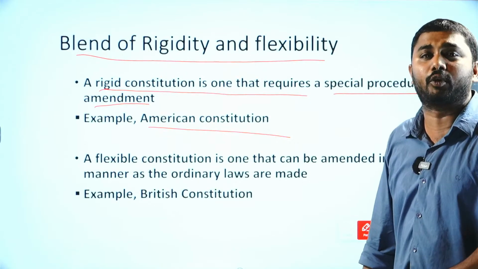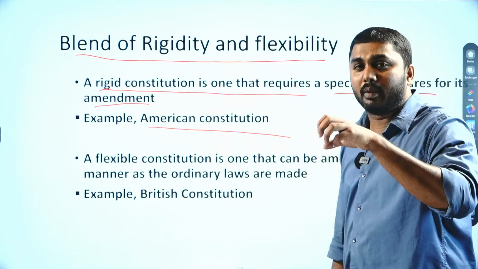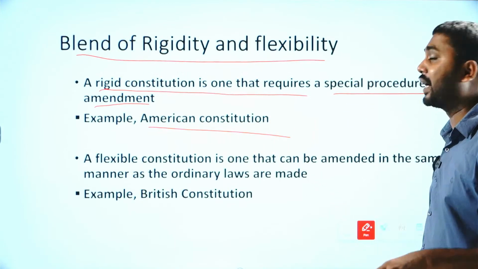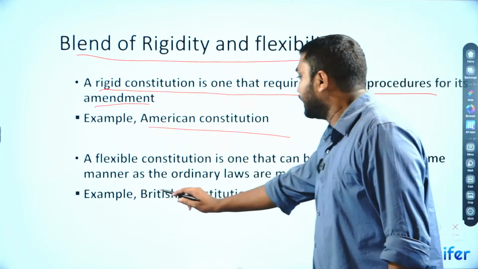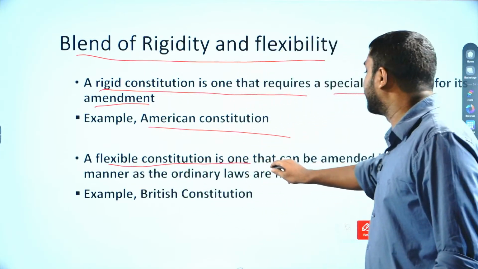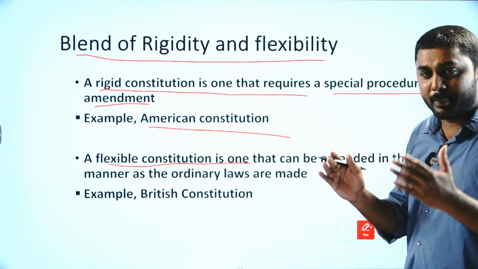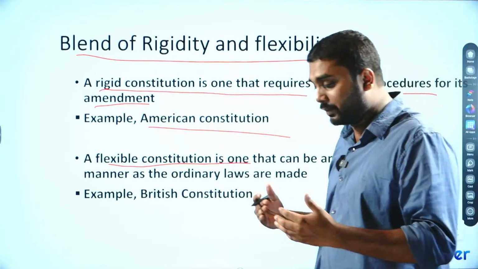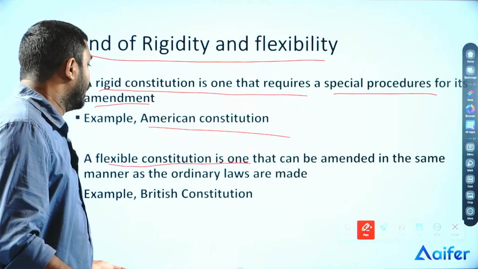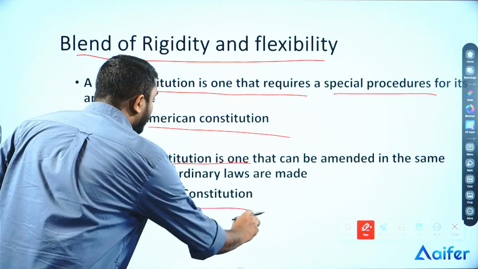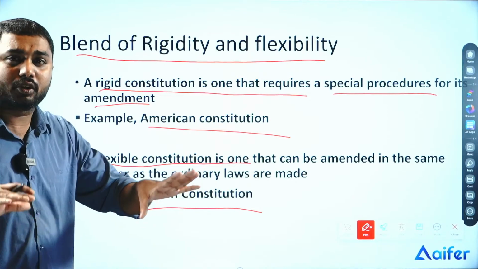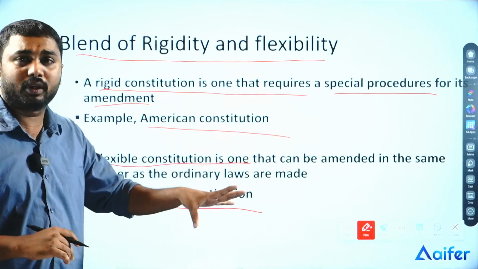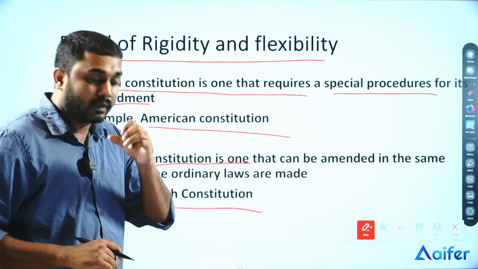For amending a part of the constitution, they require special procedures. A flexible constitution is one where amendment needs simple procedures, like making an ordinary law. For example, the British Constitution. So there are two kinds of constitution, flexible and rigid.